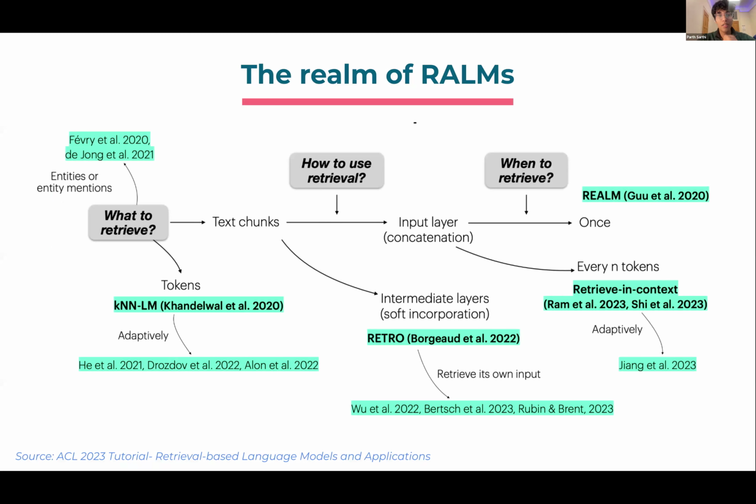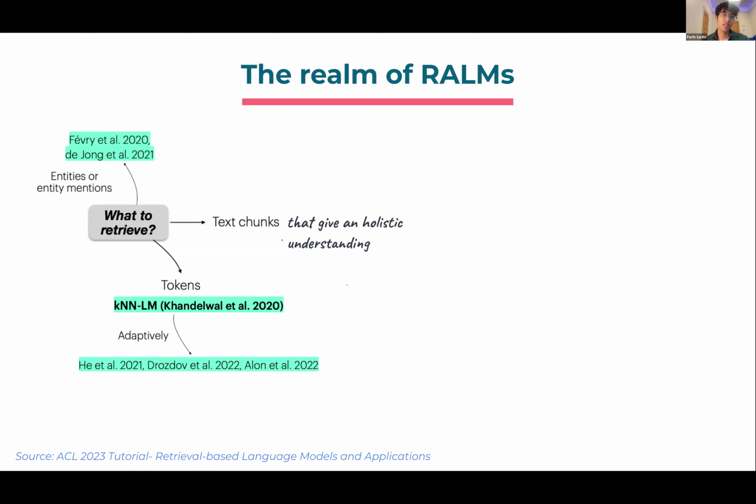It's interesting to see the three questions they frame here: what to retrieve, how to use retrieval, and when to retrieve. RAPTOR falls into the what to retrieve end, on the text chunks. The aim of RAPTOR is to retrieve text chunks that give a holistic understanding.